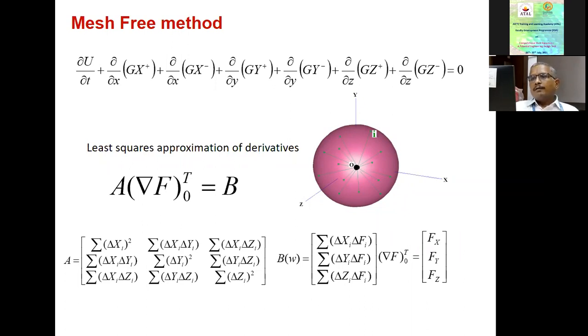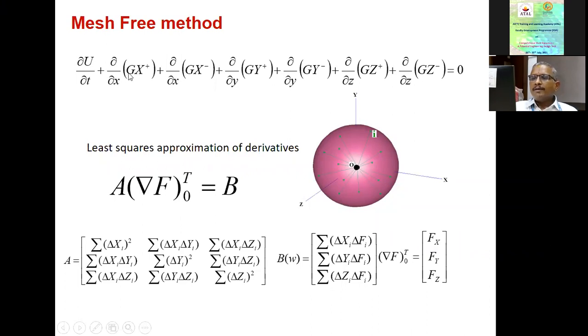So the heart of the problem is how do we evaluate these derivatives on a given distribution of points? This is the real question one should answer. Suppose, given a body, given a complex geometry, we want to solve the conservation equations. Instead of solving them over finite volumes, we would like to solve this equation at each discrete point.